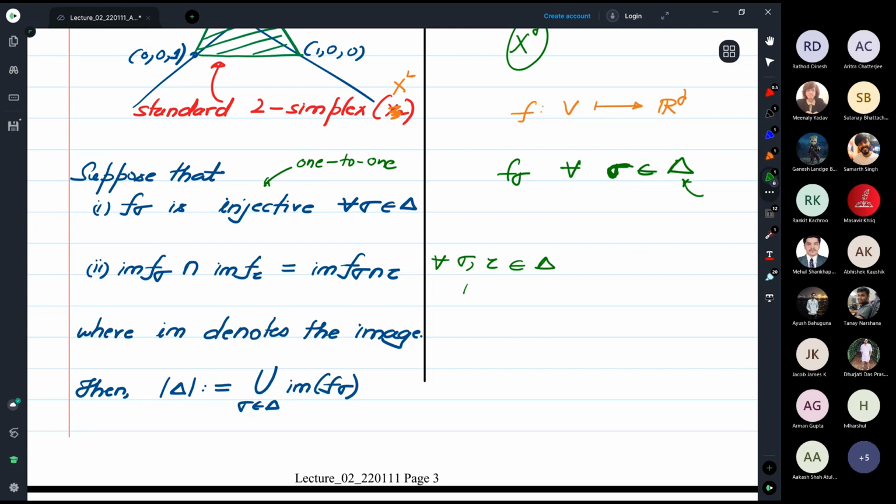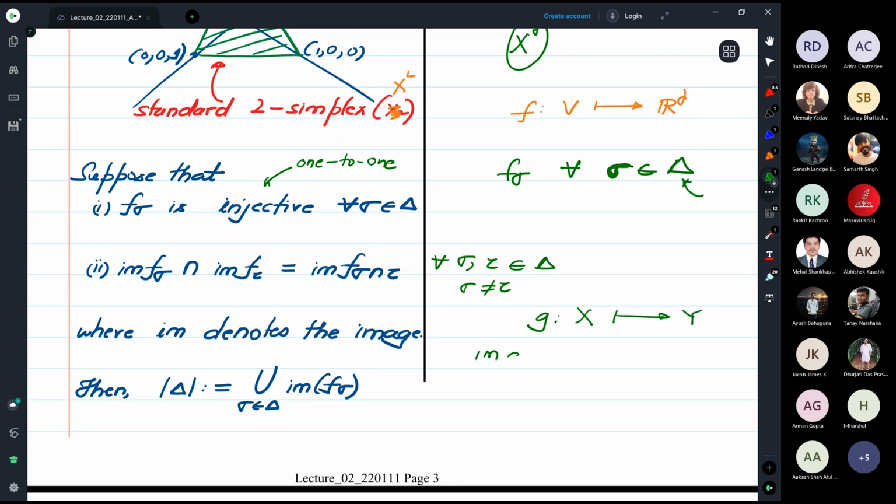We can also emphasize that sigma is not equal to tau, because otherwise this condition will be trivially true. So the first thing we have to understand is what this Im over here is. Well, Im denotes the image of a function. Let me just specify: Im of a generic function. Let's say you have a function g that goes from x to y.